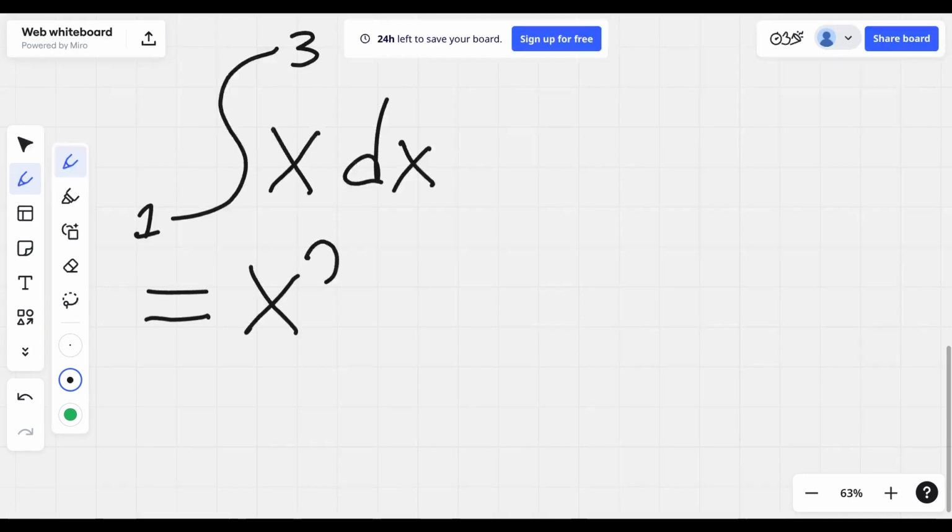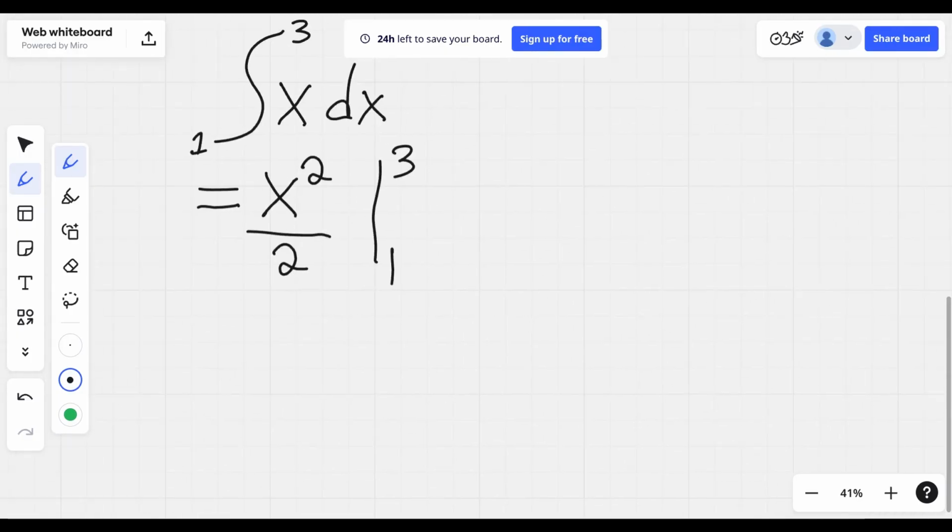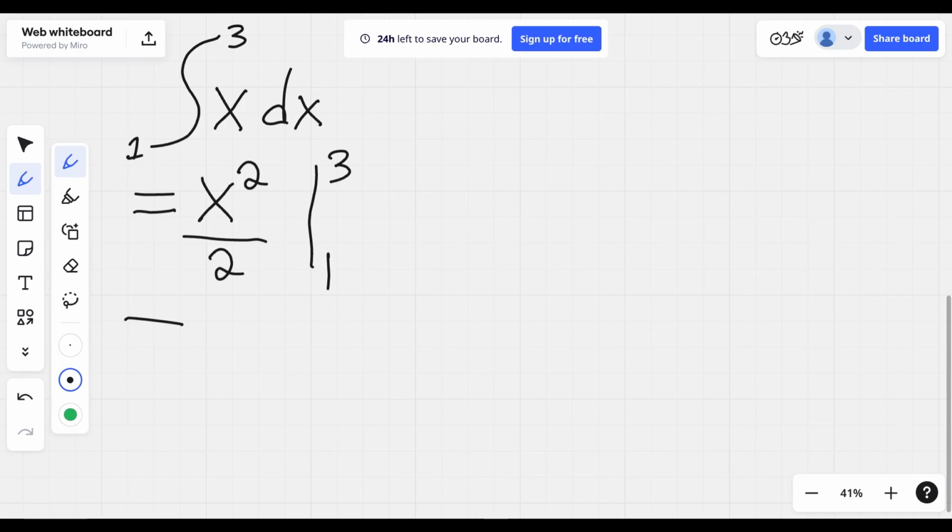And we're going to add 1 to the exponent, so x squared, and then divide by the new exponent, x squared over 2. But now we have boundaries, so we have to evaluate that to get our value.